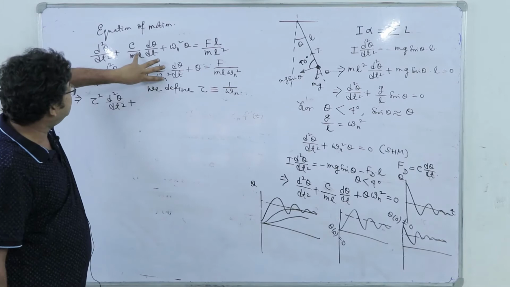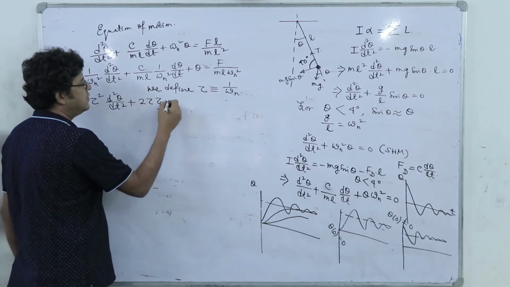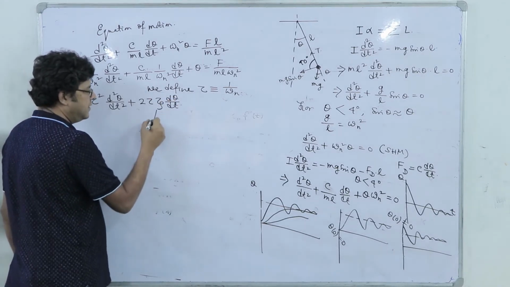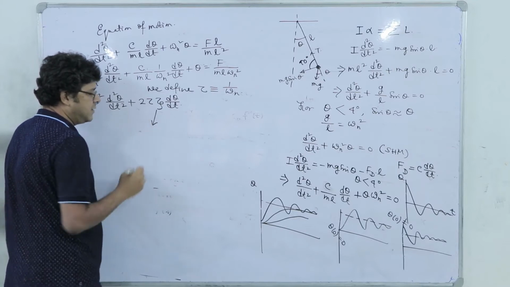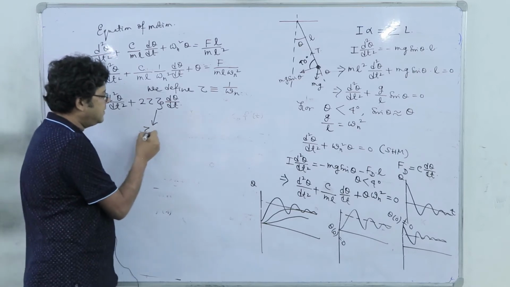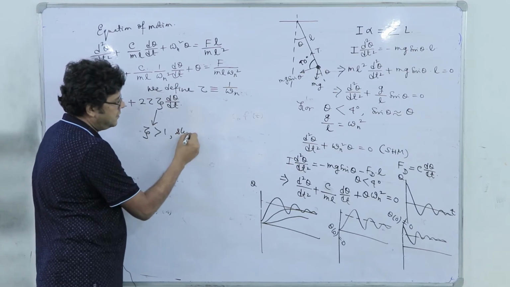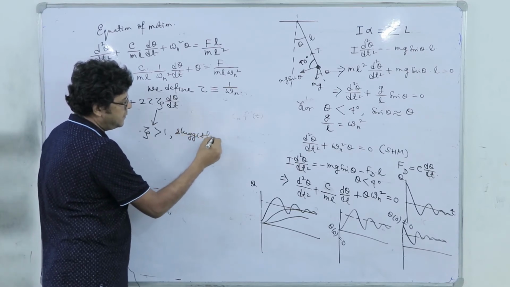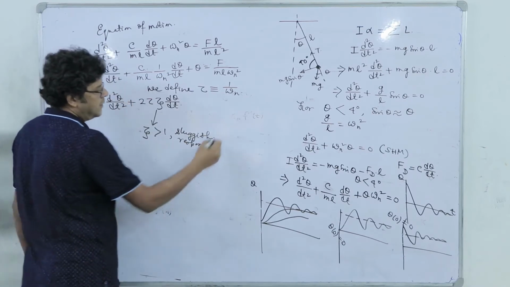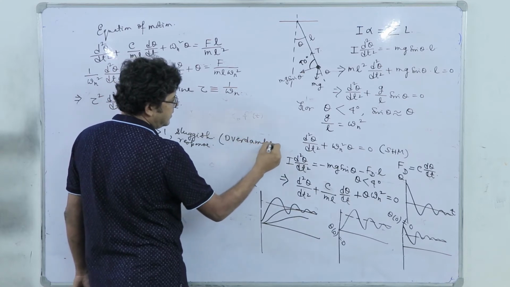So this entire group we write as 2 tau zeta. Why is zeta referred to as the damping factor? Because we are considering a standardized value of 1, and if zeta is greater than 1, we get a sluggish response, which we call overdamped.